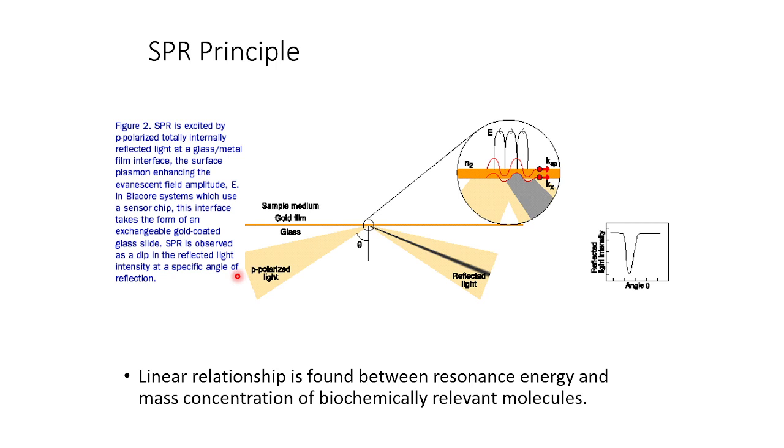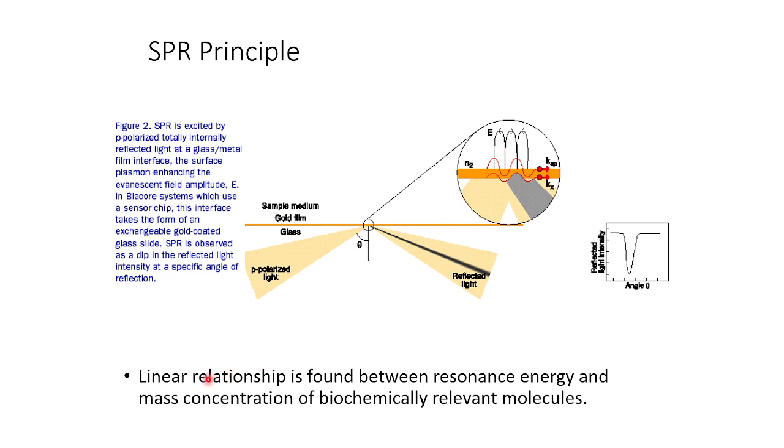So you see over here you have a plane polarized light, and it is striking at an angle theta, and then you have the reflected light. Now at this angle you have a wave, and then there are different energy functions. You have the KSP and the KX. Okay, your E is the evanescent field amplitude.